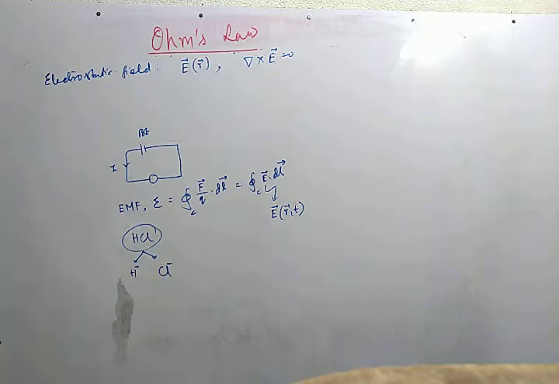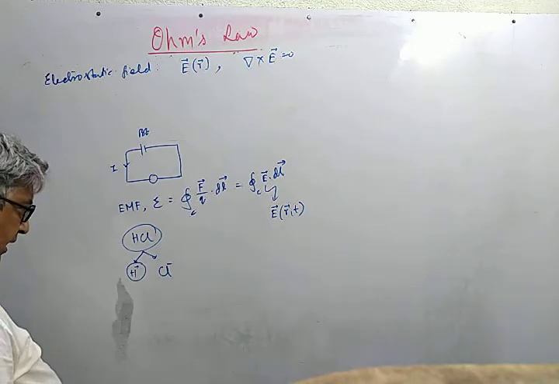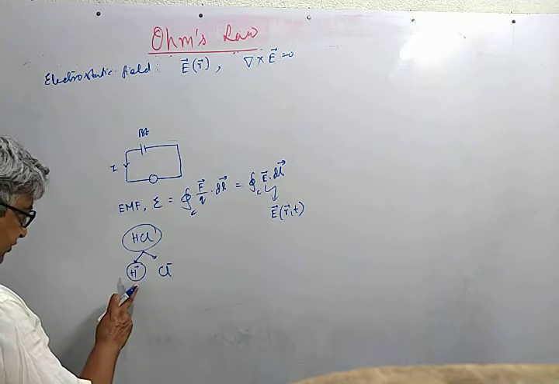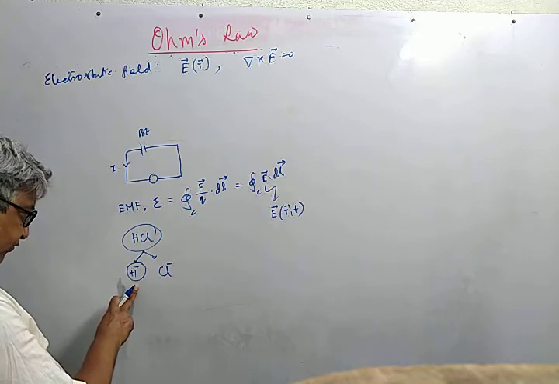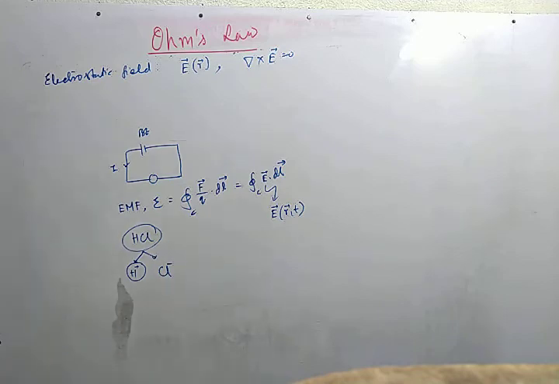Then the positive hydrogen ion, being lighter, diffuses much faster than the chlorine ion. So there will be a diffusion of H ions from a region of higher concentration to a region of lower concentration, and the electric field will be generated, which is one of the contributions to the dynamic field.